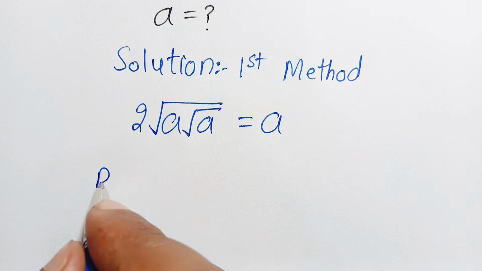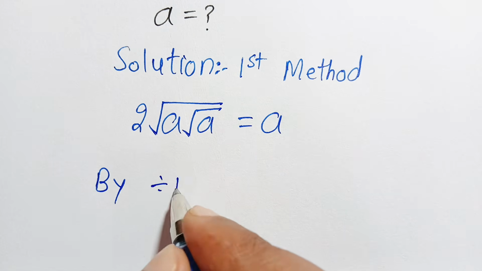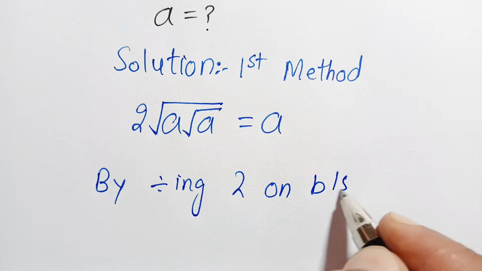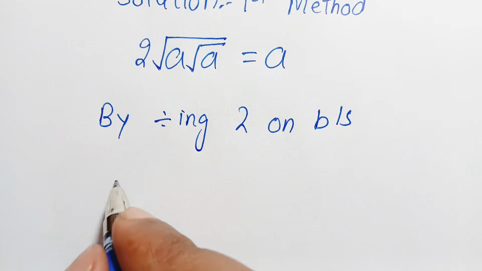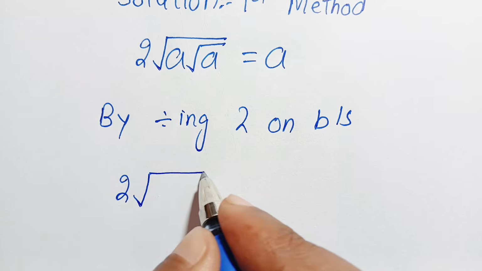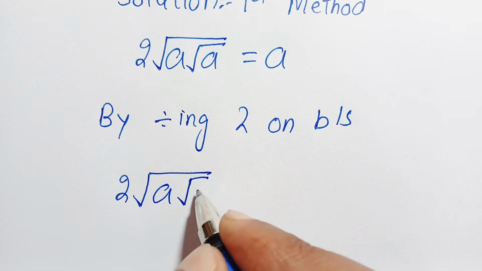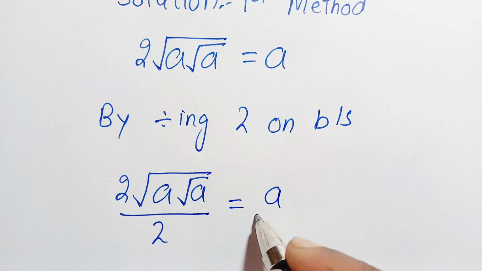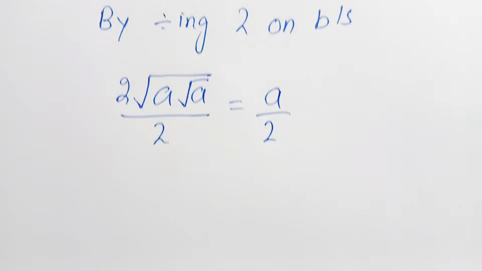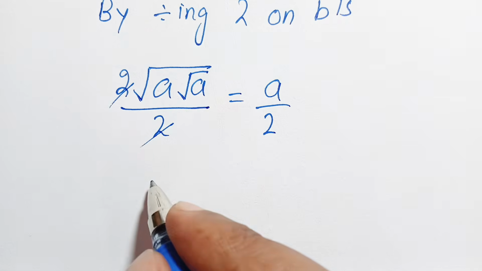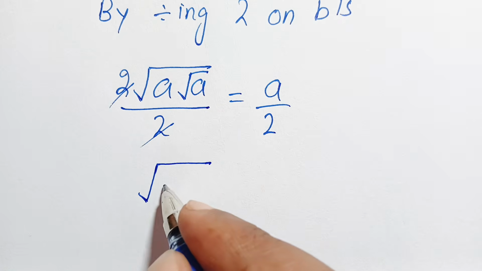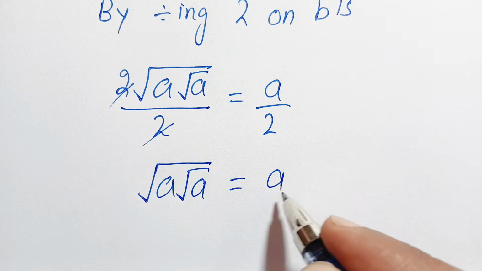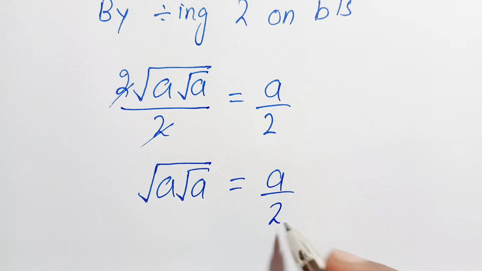Next, by dividing 2 on both sides, this becomes 2 times square root a times square root a divided by 2 is equal to a by 2. Now this becomes square root a times square root a is equal to a by 2.